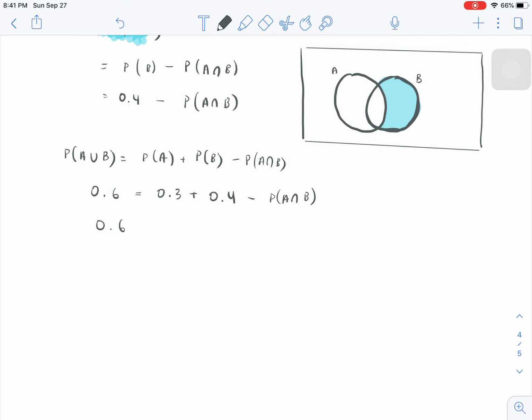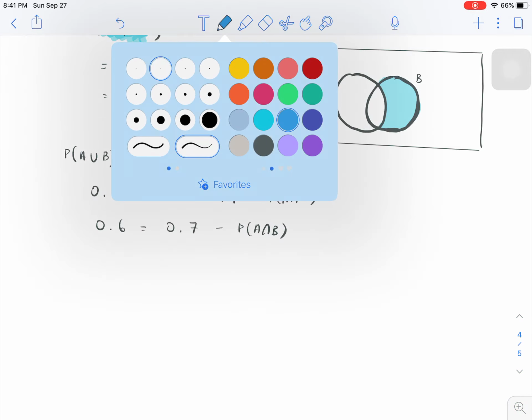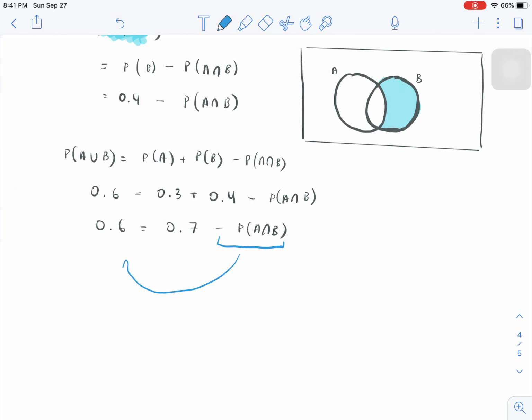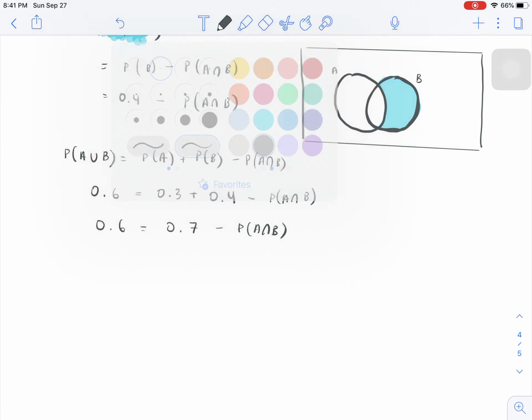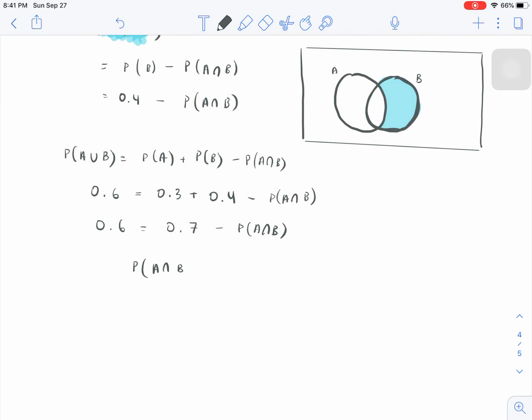So I'll just do some simplifying. I can rearrange, move this to the other side, and move 0.6 over to this side. So I can add the probability of A intersection B to both sides. It'll cancel out on the right. So it's 0.7 minus 0.6. So the probability of the intersection is 0.1.